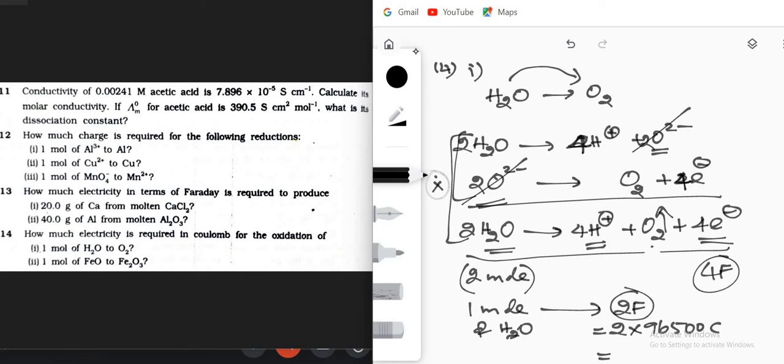If I add the 2 equations, 2 O2- cancel, so you'll get 2H2O giving 4H+, O2 plus 4 electrons. This is the oxidation reaction of water. Students, observe carefully. You remember this reaction. If you remember this reaction, you can write it directly in the examination. Even if you forget, you can get it from these steps.